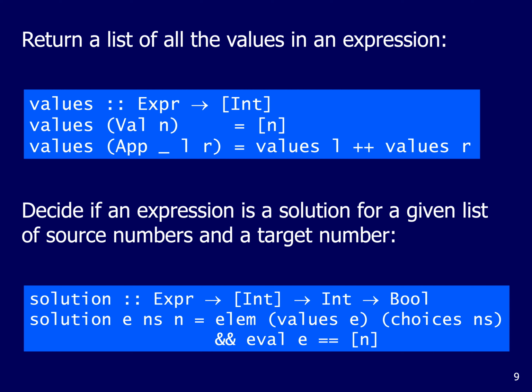So this, in conclusion then, is a one-line definition which checks, is a particular expression a solution to the countdown problem for a given list of source numbers n's and a given target number n. And you might be thinking, well, this function is potentially horrendously inefficient because, for example, the choices function, if you give it six numbers, there's going to be a very large number of ways of picking zero or more elements from a list of six numbers.